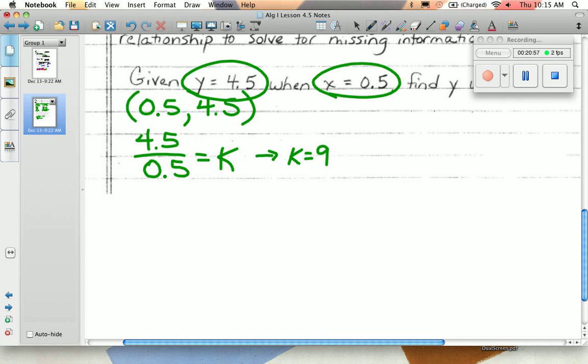Okay, so what would our equation be for this relationship? Remember, a direct variation relationship is this: y equals kx. We know k. So what's our equation? Yeah, y equals 9x. So our equation is y equals 9x.